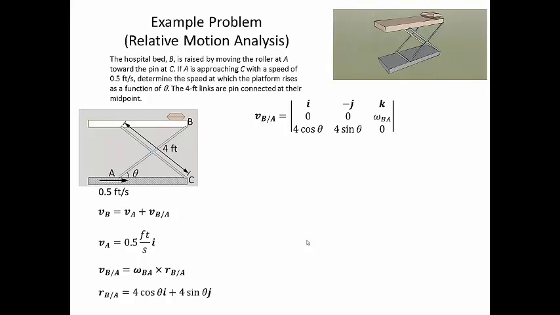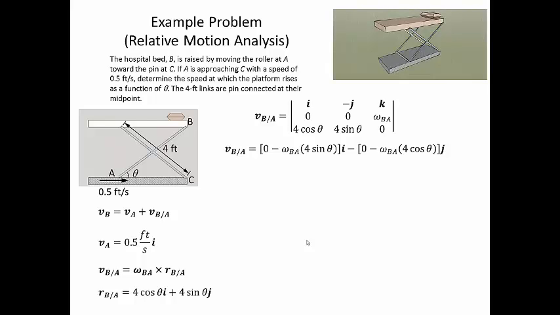If we write our cross product vector to determine the velocity of B from the perspective of A and calculate the determinant, then we find that the velocity of B from the perspective of A is equal to, in the i direction, 0 times 0, which is 0, minus omega BA times 4 sine of theta.